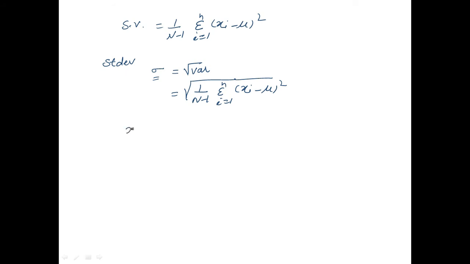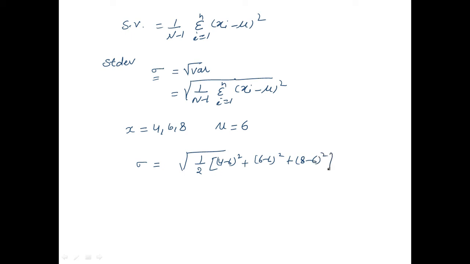From the previous example, where the dataset X has values 4, 6 and 8 and the mean mu is equal to 6, if we substitute all these values into the formula, the standard deviation will be equal to the square root of 1 by 2 times (4 minus 6) square plus (6 minus 6) square plus (8 minus 6) square, which is equal to the square root of 4.